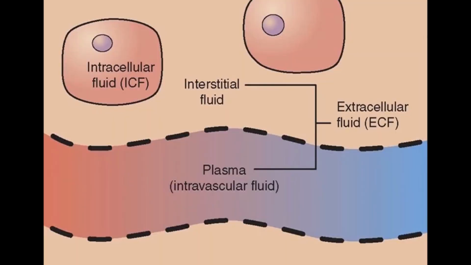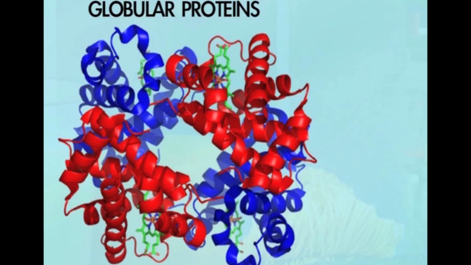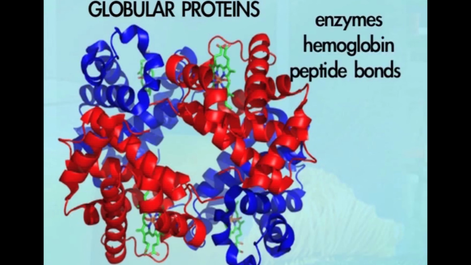The exterior amino acids are hydrophilic, which helps the protein to be soluble in water or aqueous solutions like the intracellular and extracellular fluids. And these globular proteins mainly have functional roles in the cell like enzymes, hemoglobin and peptide hormones.